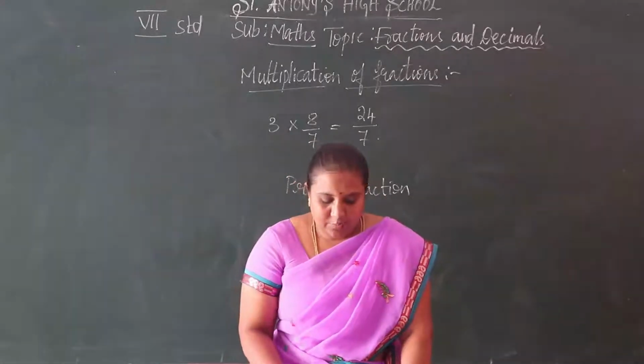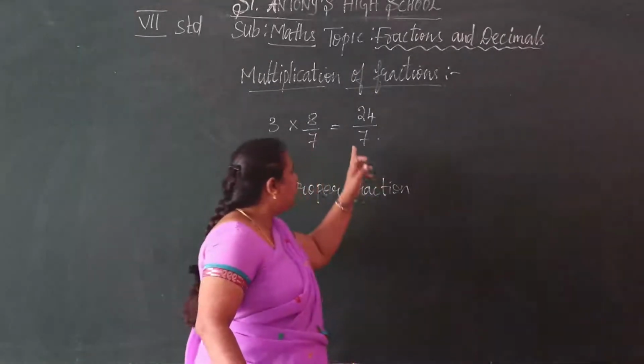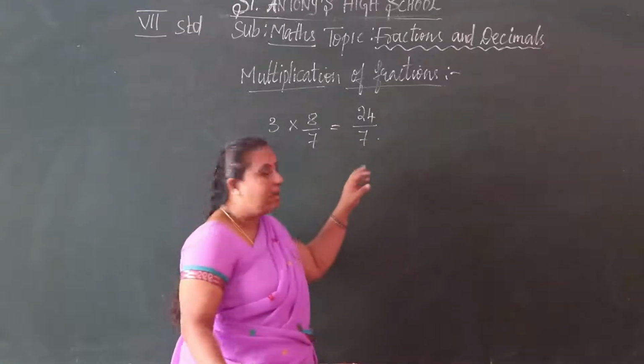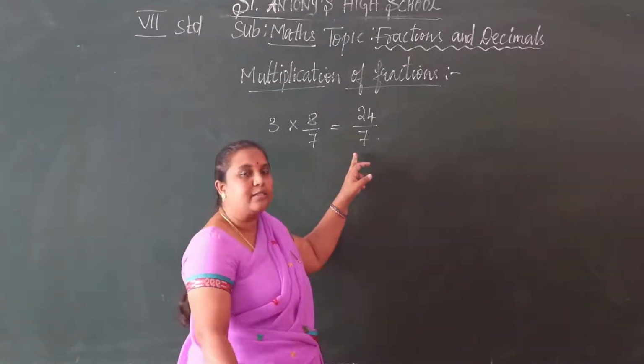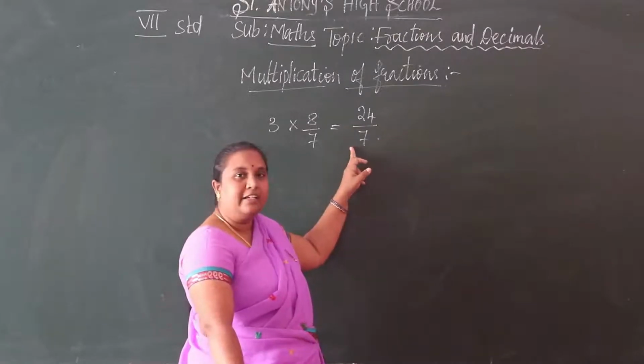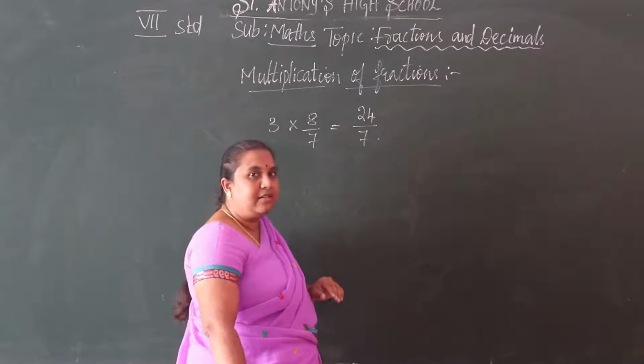Okay, then we move on to another example. So this we can write it. See here, the numerator is more than the denominator, so we can write this as a mixed fraction. Is it right?